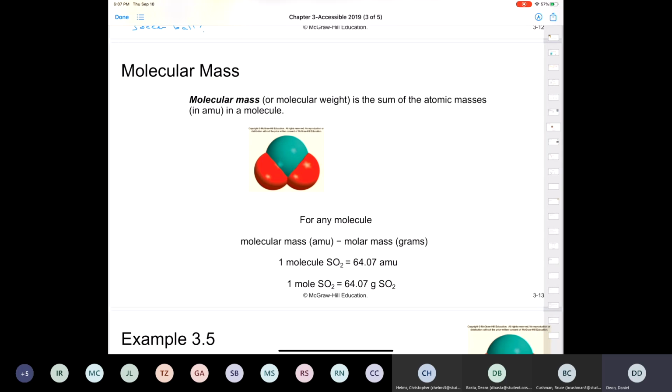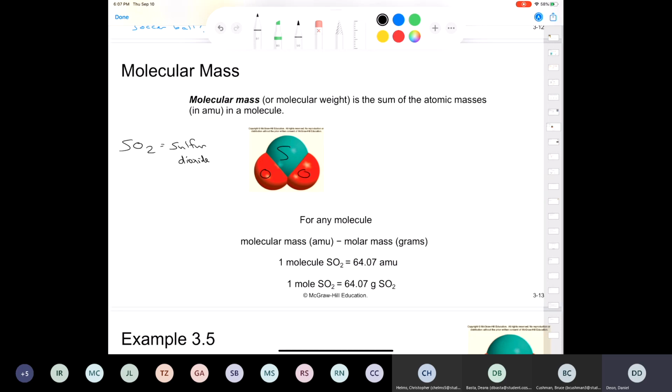So let's say you have a molecule of, this is called sulfur dioxide, SO2. So I'll write it out right here. SO2, this is called sulfur dioxide. Okay, so we have sulfur and we have oxygen here. That's a molecule of SO2, sulfur dioxide.